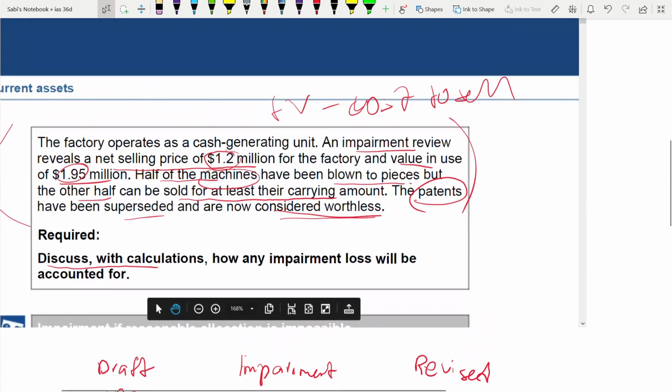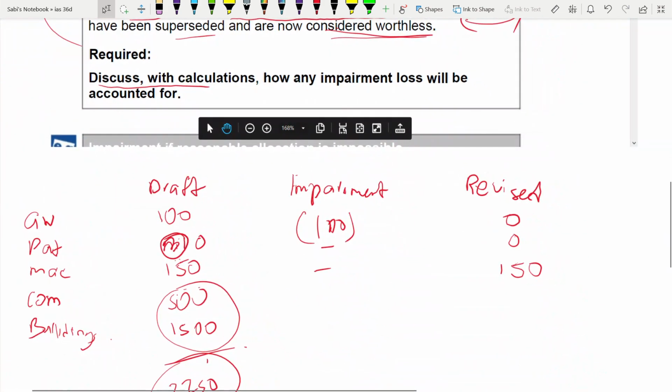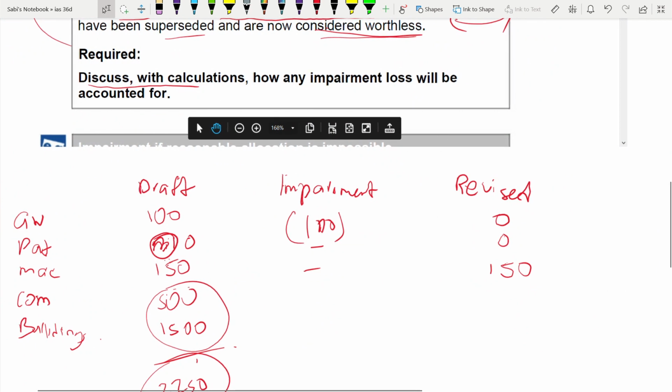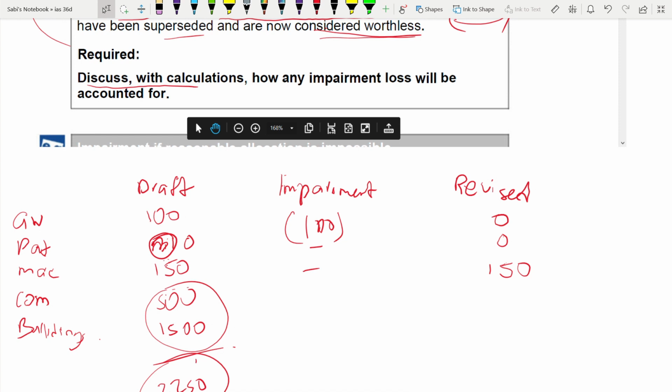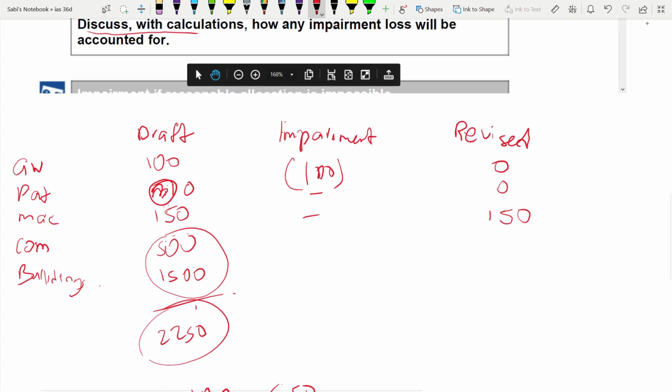Recoverable amount is 1950. Okay, so first we'll find the recoverable amount. Since you know this is 2250, 1950, this is how you find the impairment. I'm sorry, 300, the difference.